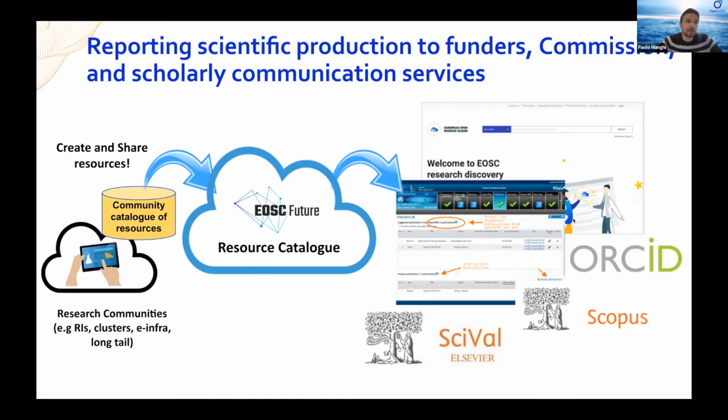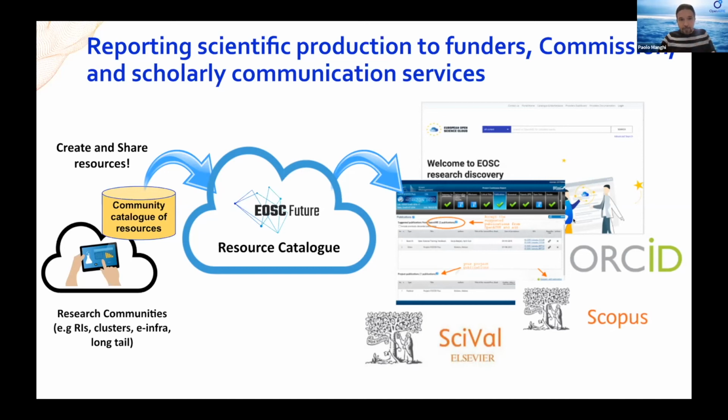So if scientists are also sharing the interconnections between these, and also, finally, about the services that are involved in this process. It's always very hard, for example, to report the impact of research communities and research infrastructures in terms of the services they operate. And the resource catalog is trying to go in that direction.